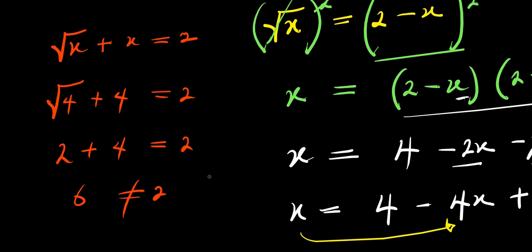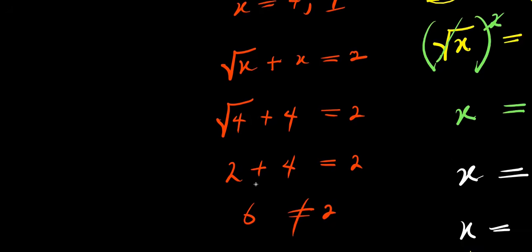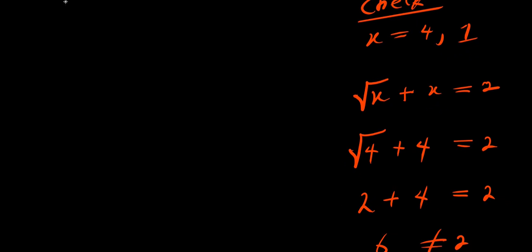So let's consider when x equals 1. When x equals 1, we simply have square root of x plus x equals 2, and this time around our x equals 1.